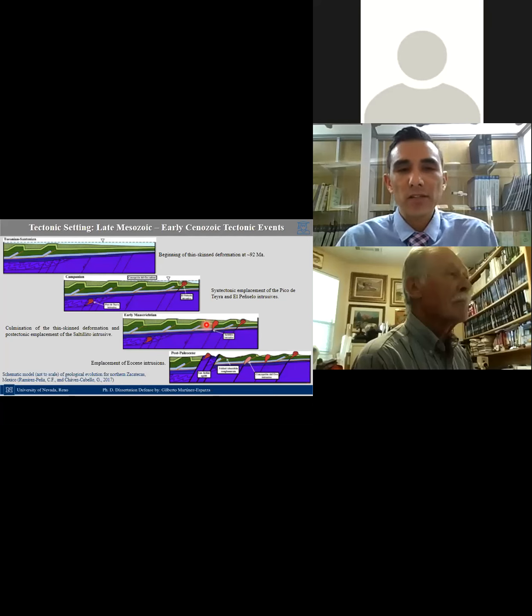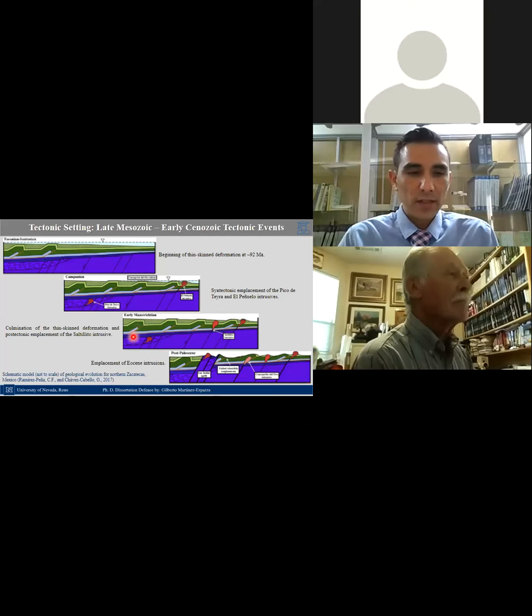There are several studies that provide evidence for this, because commonly the El Saltillito igneous body doesn't show any deformation. So after that, during the Cenozoic, we have a series of intrusions, especially in the Eocene.